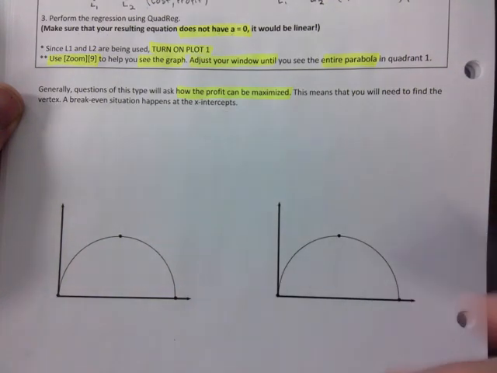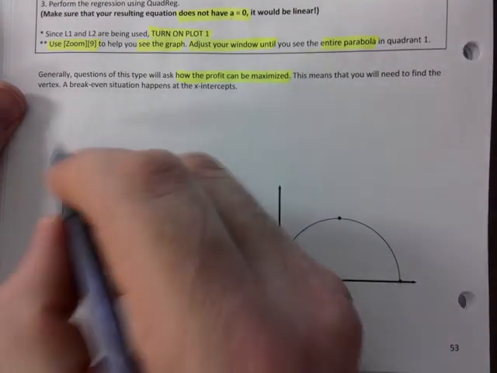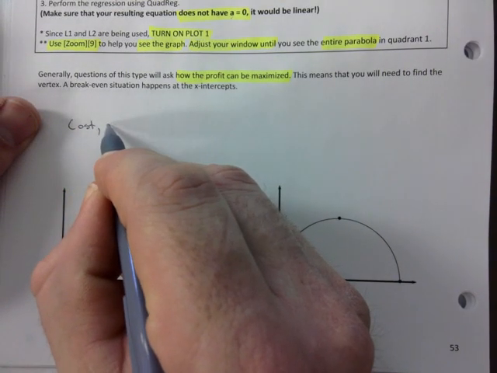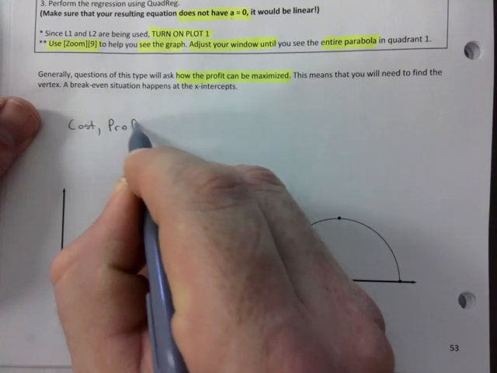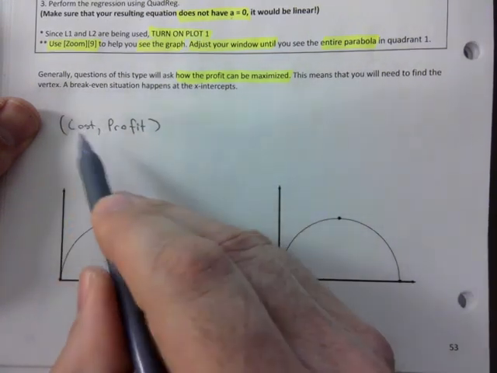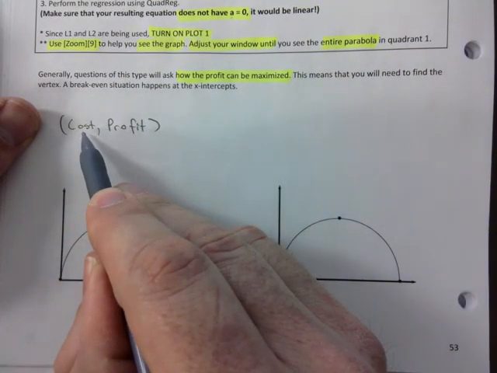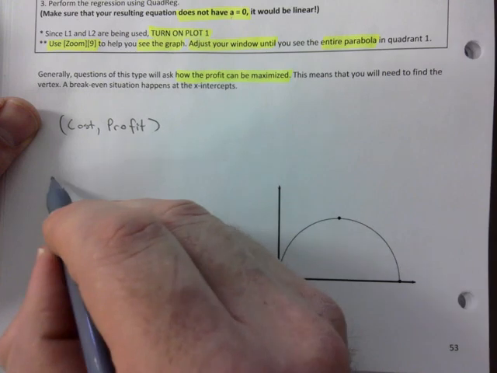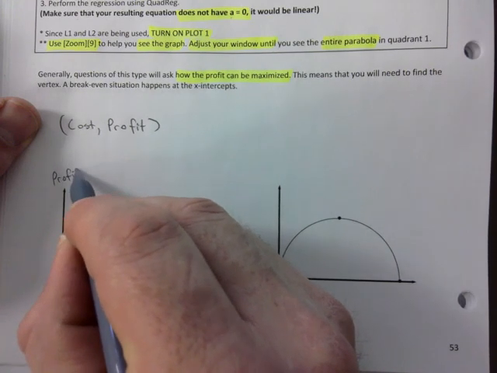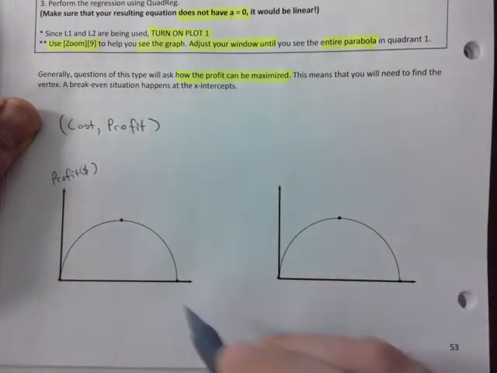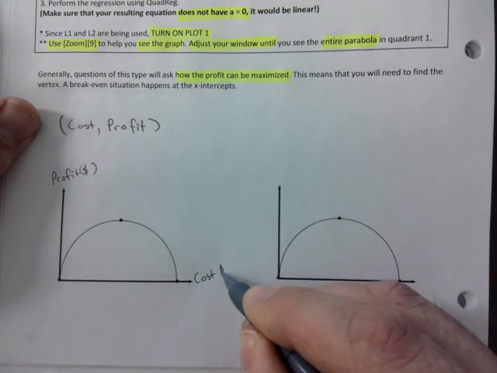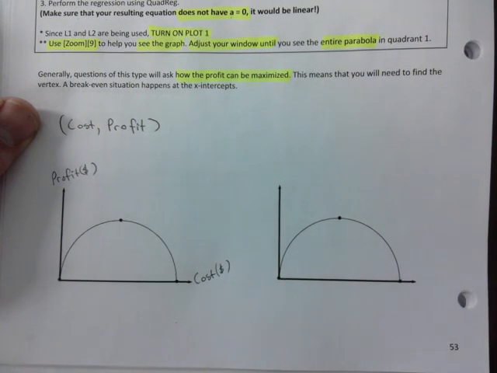Okay, so I'm going to label this a little bit. Let's say you were graphing cost and profit. This should tell you that the cost went into the L1, which is my x variable. Profit went into the y variable. So that tells you that you would have profit here, that's in dollars, and you would have cost on the x-axis, which is also in dollars.